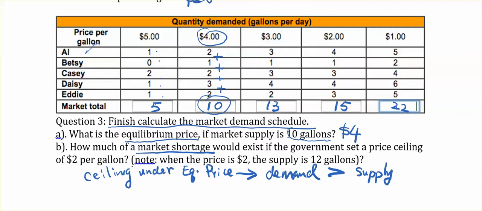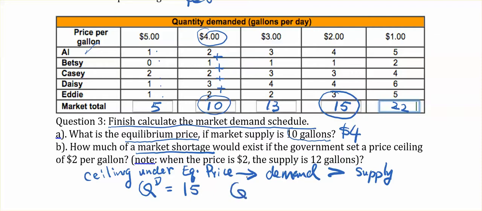Now let's look at the question. The government said that the price ceiling is $2 per gallon. First, if the price is $2, what is the market demand? The market demand is 15 gallons, so QD equals 15 gallons. And how about market supply? I gave you this note: when the price is $2, the supply is 12 gallons.